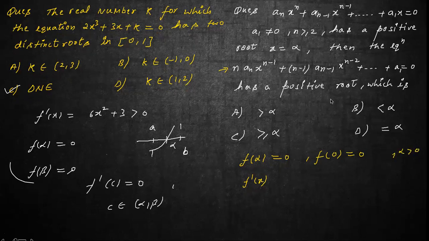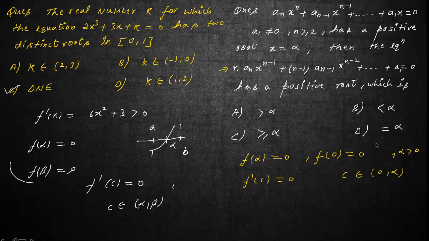So now this is the derivative. According to Rolle's theorem, f dash c will be equal to 0 for c lying between 0 and alpha, because alpha is positive, right?